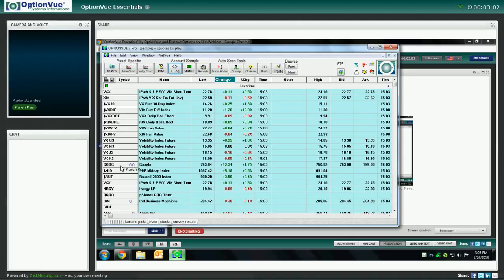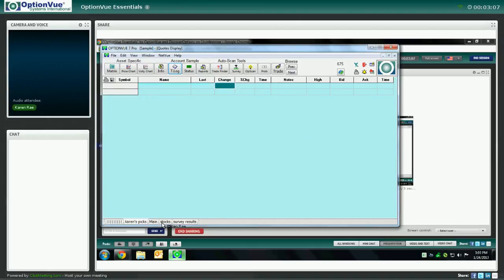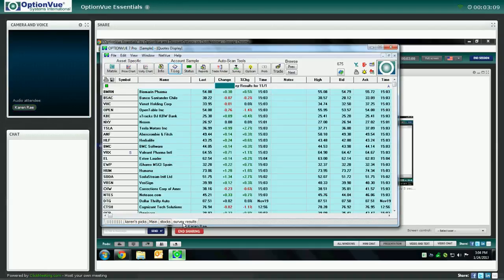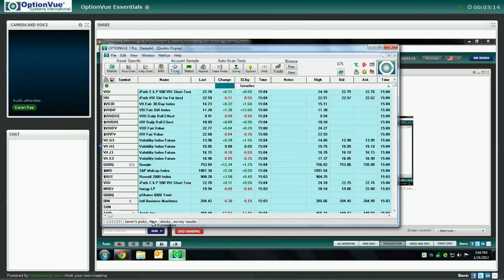The first screen is called the quotes display screen. This is where you gather your picks, your main page, your stocks, your survey functions. You can actually have as many pages as you want. That's a new feature in OptionVue that wasn't there until just recently.